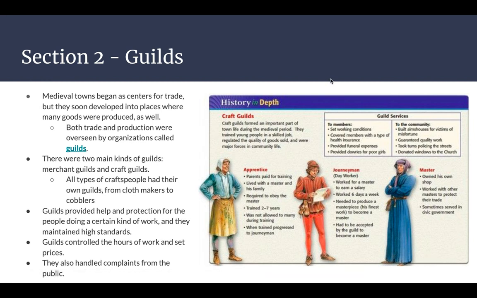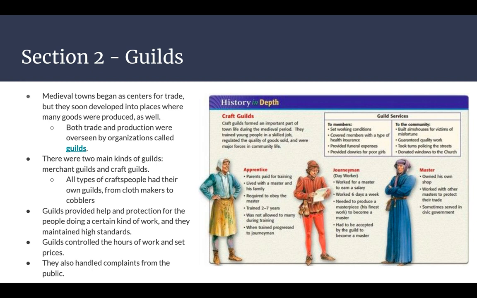An apprentice is a person who works for a master in a trade or craft in return for training. These apprentices would work for typically 2 to 7 years. During that time, they are required to obey the master, but as a result, they'll be trained.